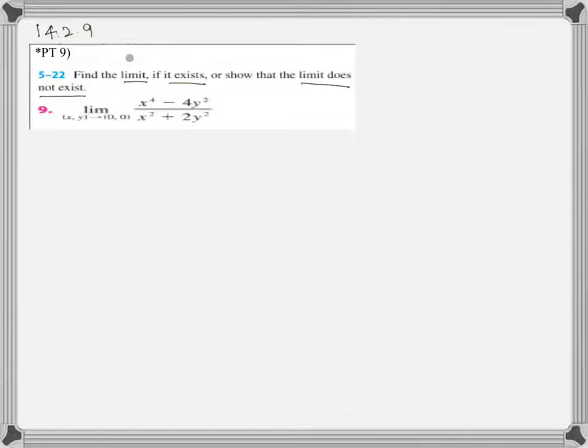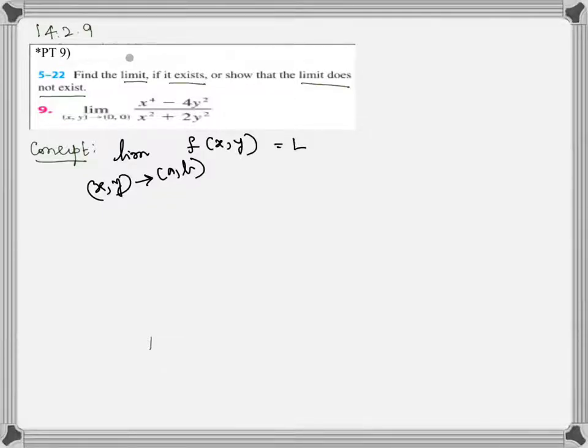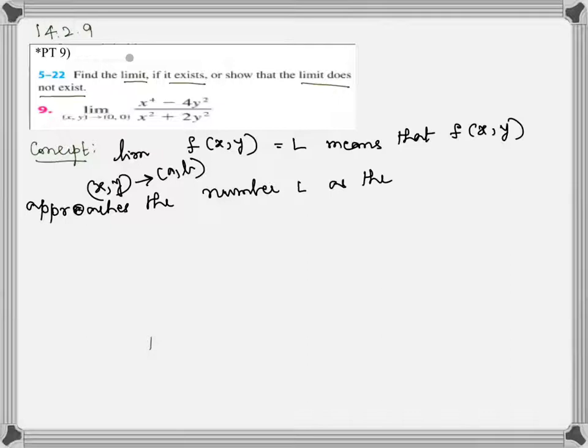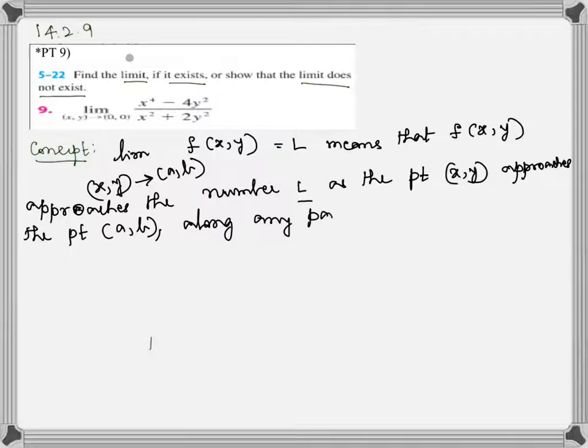A function f of (x, y) is said to approach the limit L as (x, y) approaches (a, b), written as the limit as (x, y) approaches (a, b) of f(x, y) equals L. This means that the function f of (x, y) approaches the number L as the point (x, y) approaches (a, b) along any path lying in the domain of the function. That's how the limit is defined.